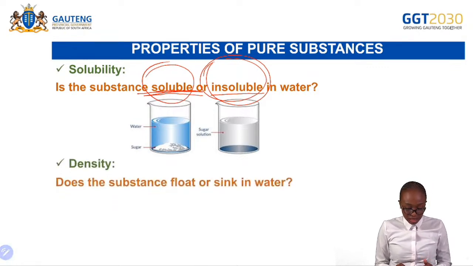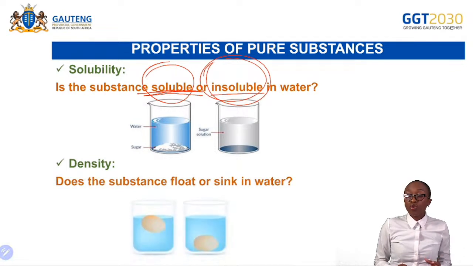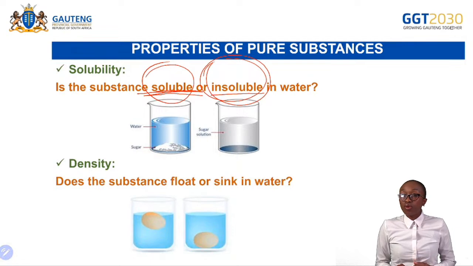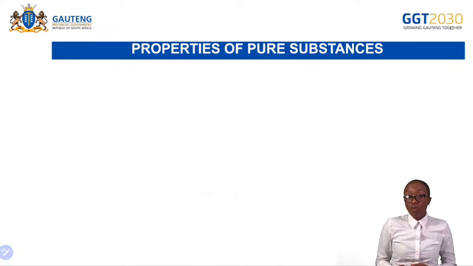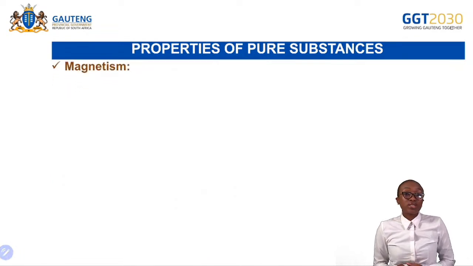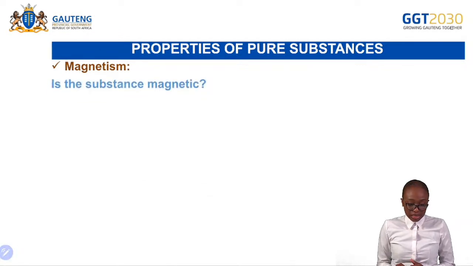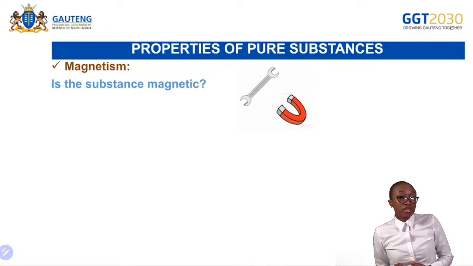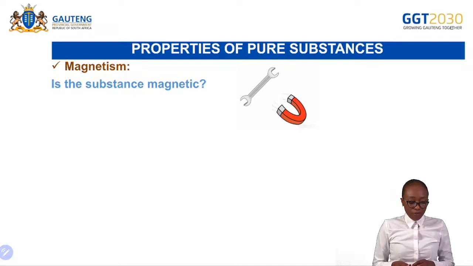And then density: does the substance float or sink in water? Then some more properties. Magnetism. Is the substance magnetic? I know for a fact pure iron nails are magnetic, so you can easily pick up iron filings or iron nails using a magnet, and you can simply pick them up from a mixture of different things.